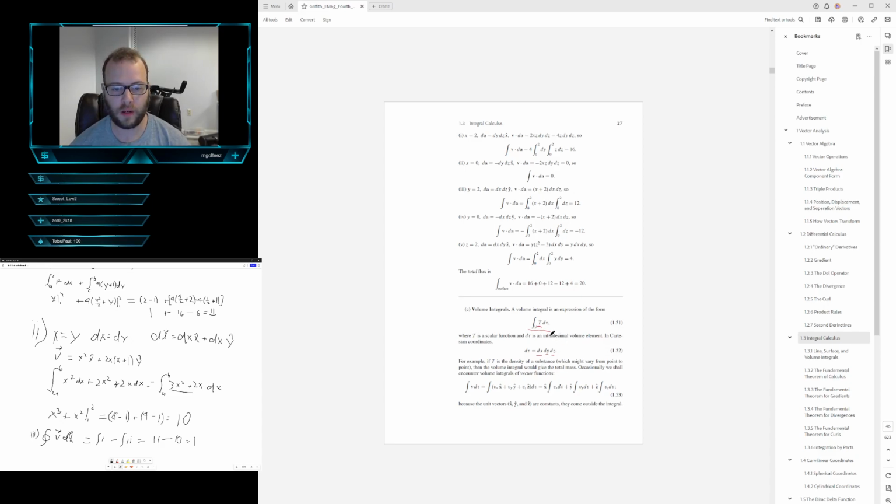If we have to do a vector function, the volume integral of a vector function, the unit vectors are constants. So those pop out of the integral, and then we just solve the component, where dτ is dx dy dz.